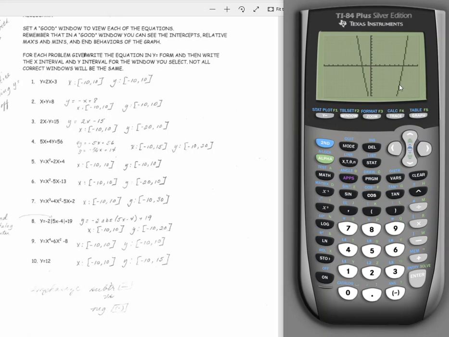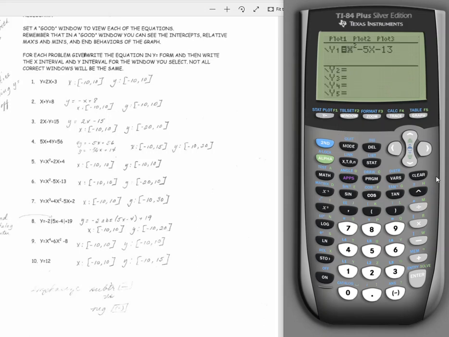And what we see is that we can see the x-intercepts, but we cannot see the minimum point, and we might need that. So then we would have gone back in, gone to y-min, and maybe make that negative 20 and see if that works. And it did. So every time we'll go back to a zoom 6 because that's a normal window, and then we'll try our new graphs.